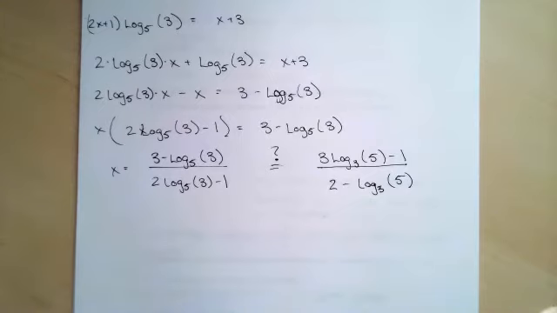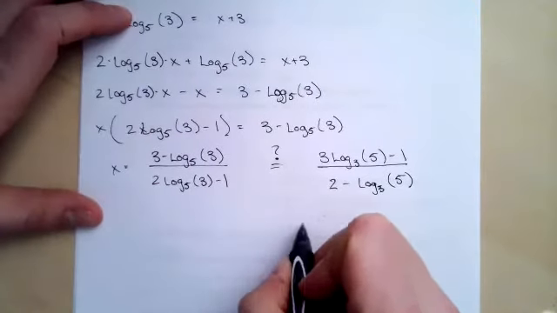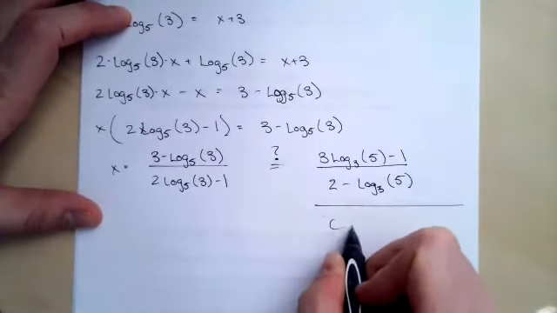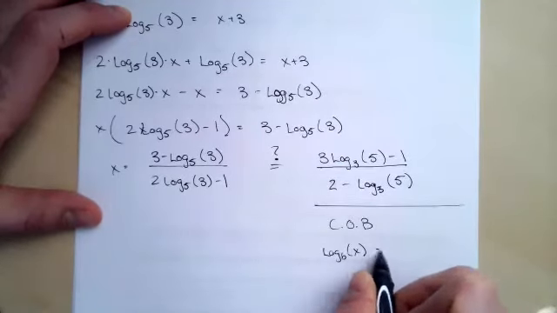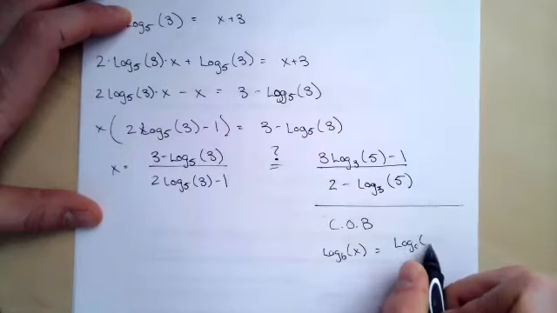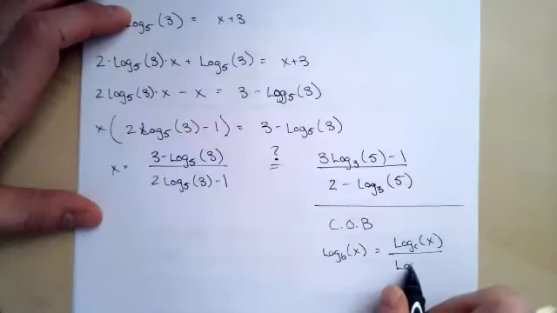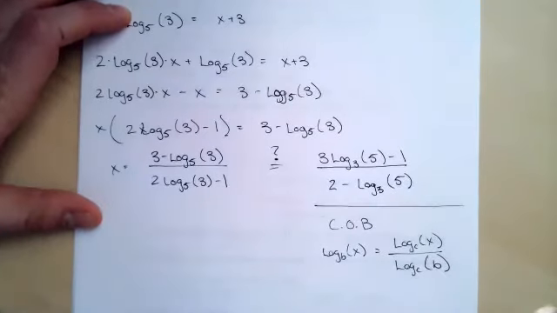We just used 2 different logs. And I claim that these 2 answers are exactly the same. They just look different. And so how can we check this? How can we check if we got the right answer? The thing we have to do is change the base of the logs. So remember, our change of base formula was log base b of x is log base c of x over log base c of b.